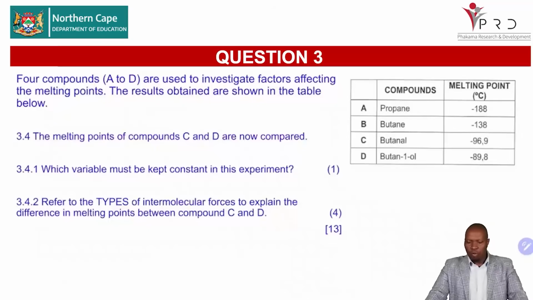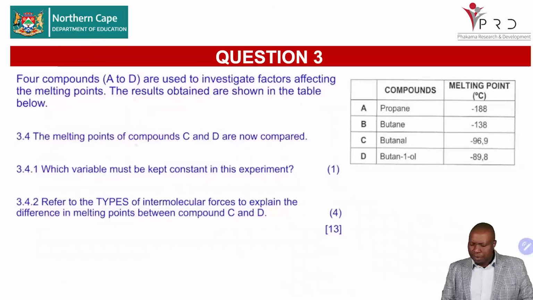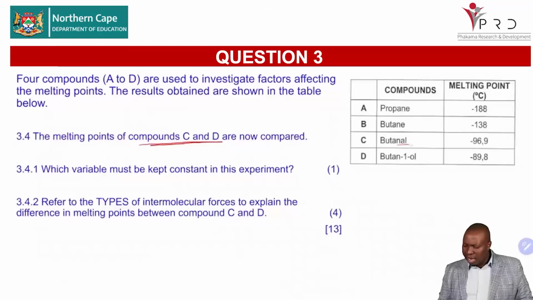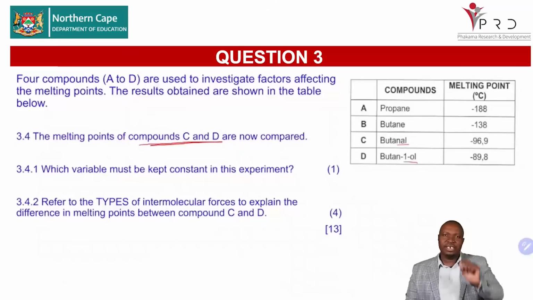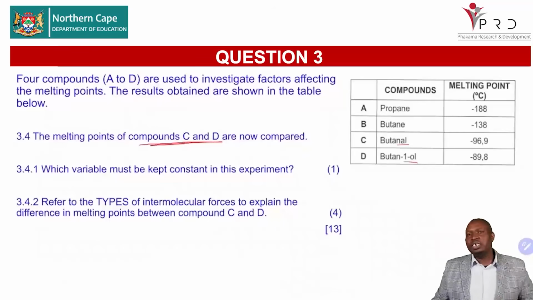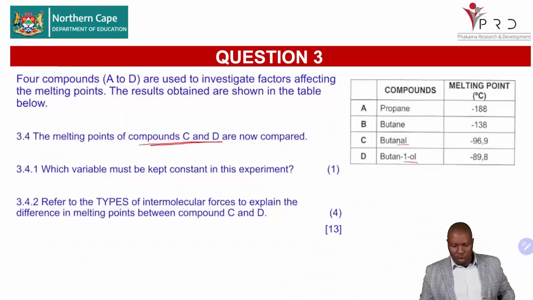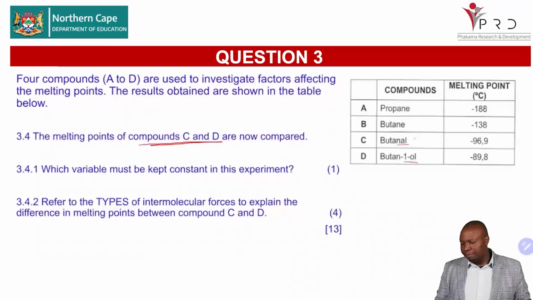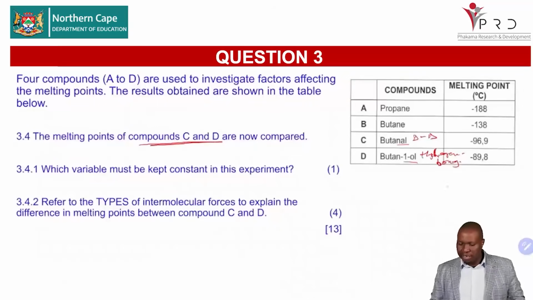So now, just to complete this question, the melting points of compound C and D are now compared. C and D, you can see, have different functional groups. Definitely, if the functional groups are different, we'll be talking about different intermolecular forces. So when you respond to this one, you're going to tell us that, okay, when it comes to butanone, it has dipole. When it comes to butan-1-ol, it has hydrogen bond. And then you tell us the difference between them.